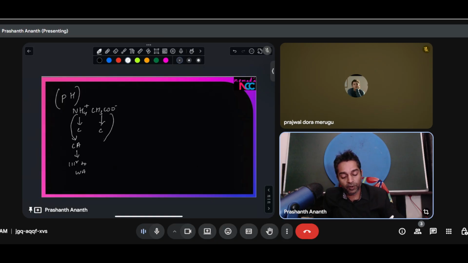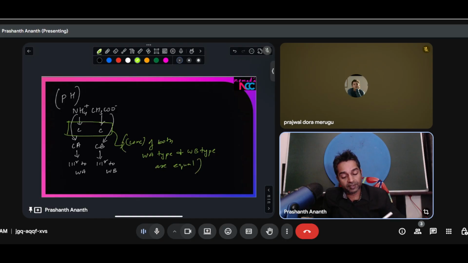And this guy is going to be the conjugate base, which is going to be similar to a weak base. And the key point here is the concentrations are both equal. Weak acid type and weak base type are equal.